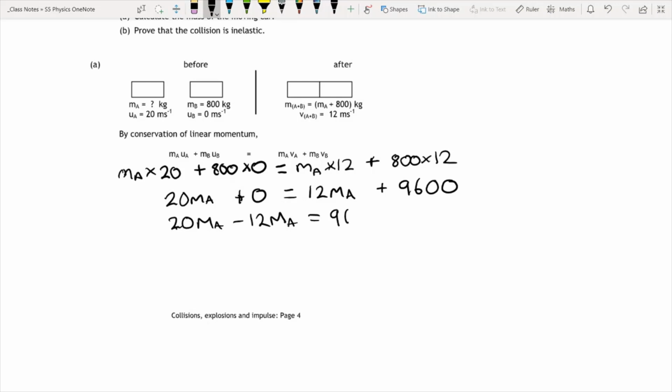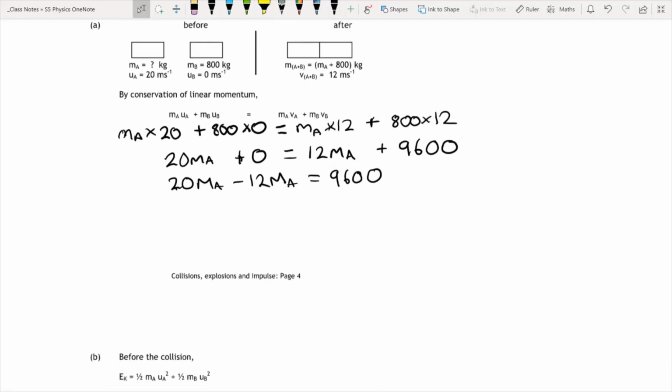Equals 9,600. I'm sure you could do this in fewer steps, but this is just showing you where I've got it from. So 8 MA equals 9,600. So MA is 9,600 divided by 8, which is 1,200 kilograms.